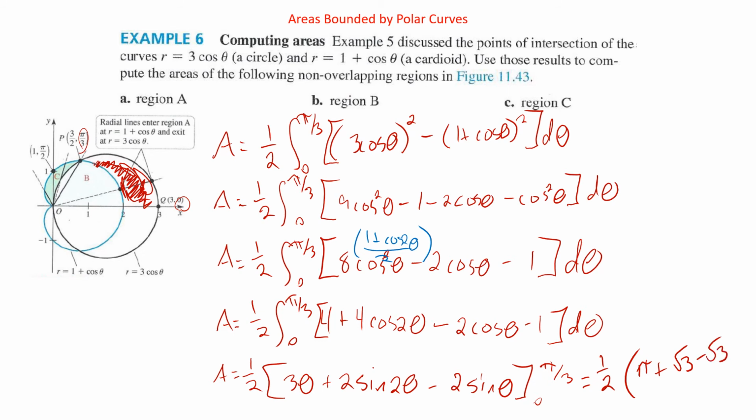And then when we plug in 0, sine of 0 is 0, sine of 0 is 0. So that's just a whole bunch of nothing. The root 3's cancel. We have 1/2 times pi, which means that the area of region A is 1/2 pi, or pi over 2.